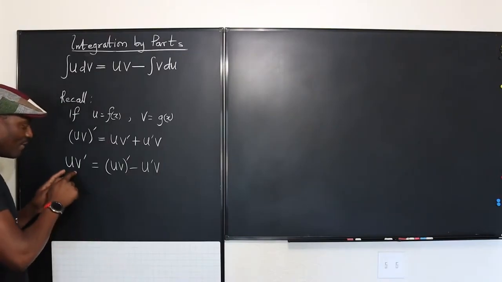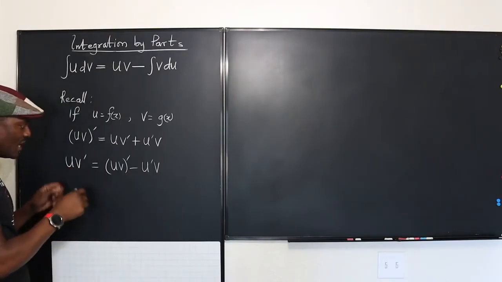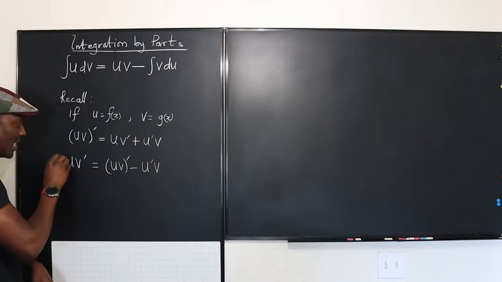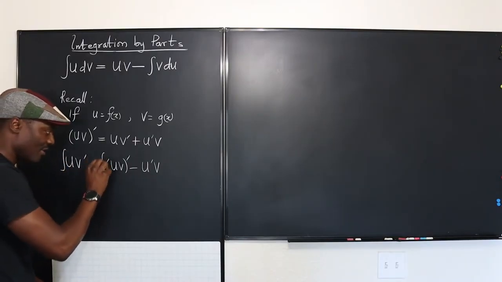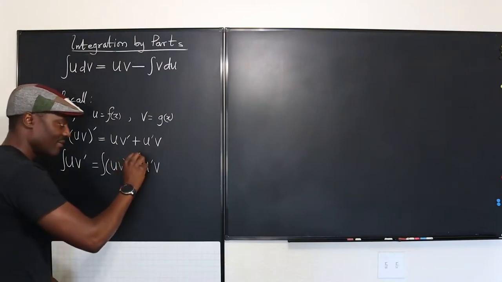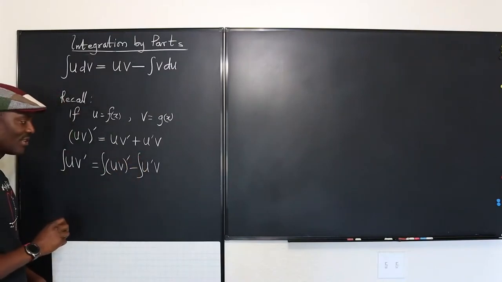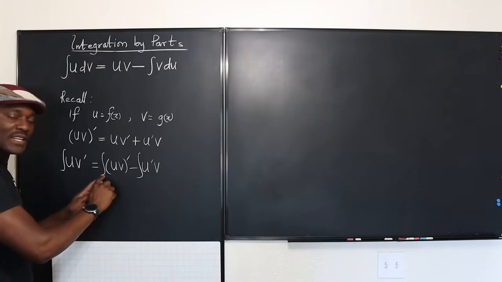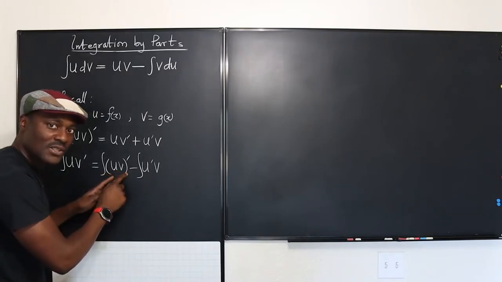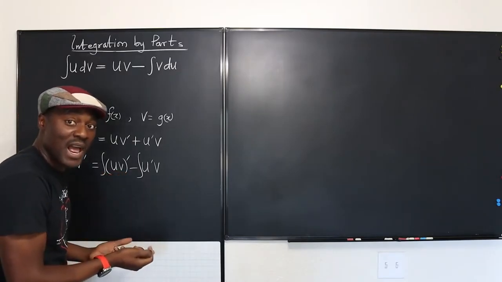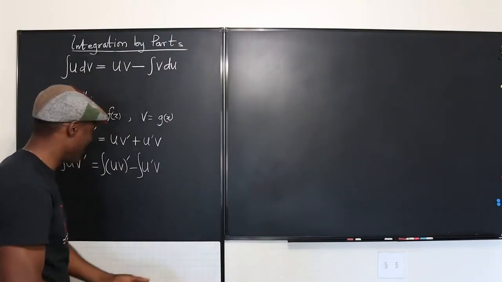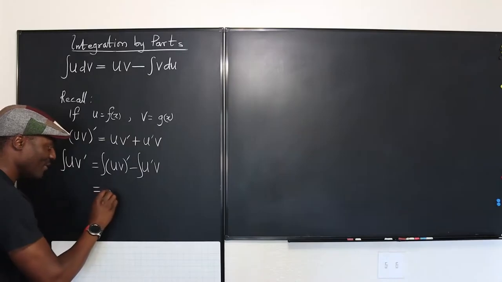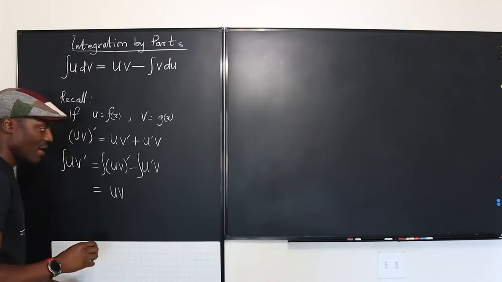What happens? If we want to recover our uv, we have to take the integral of every term. See what happens. If you integrate the derivative of a function, you get the function back. That's the fundamental theorem of calculus. Actually, that's how we got into integration. So this is going to give you straight uv.